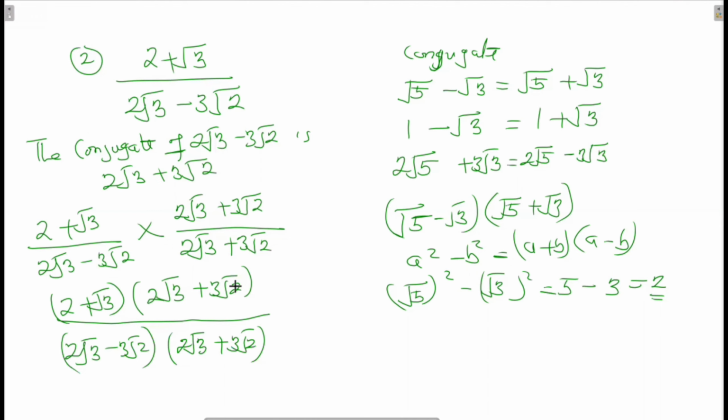Look at the way we expand it, just to make it simpler. Once we expand this, I will say 2 into brackets 2 root 3 plus 3 root 2, plus root 3 into brackets 2 root 3 plus 3 root 2.